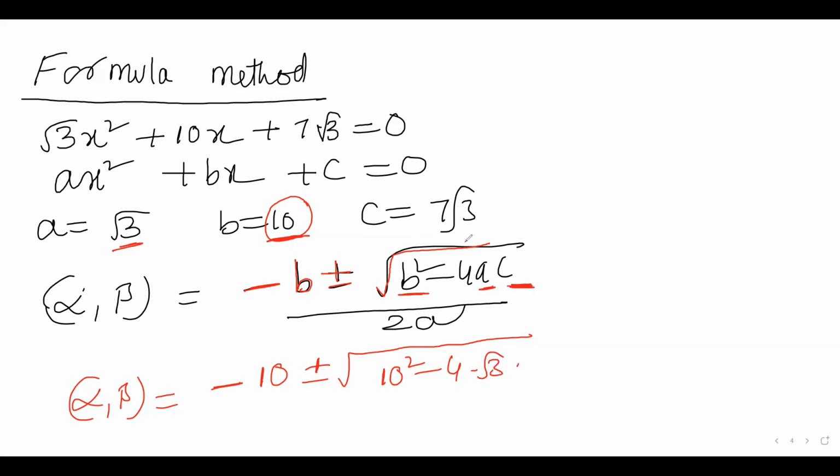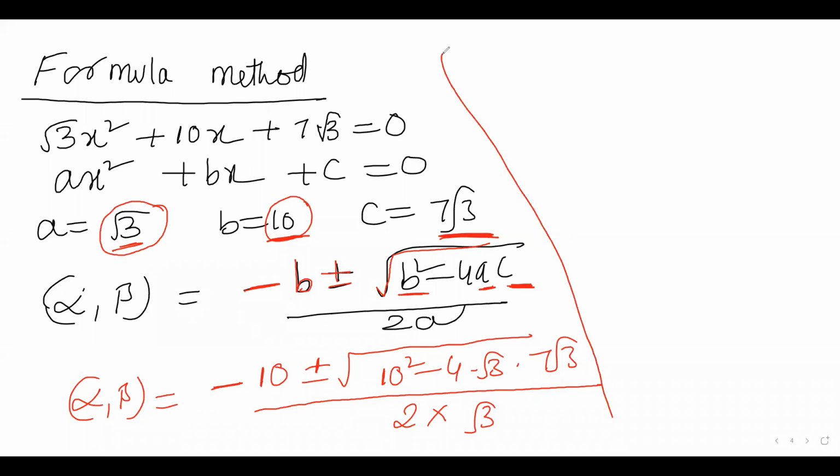What is c? 7√3, by 2a. Tell me, what is the value of a? √3. Substitution done. Alpha comma beta is equal to minus 10 plus or minus under root.